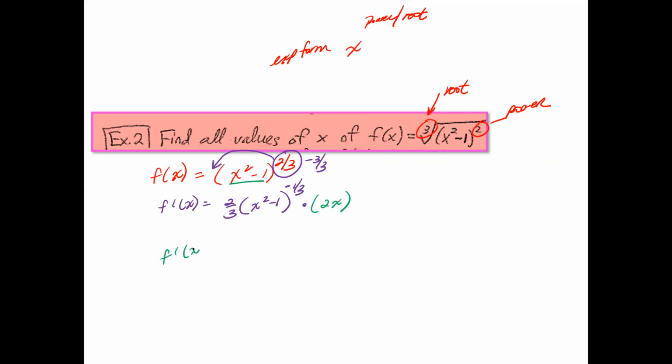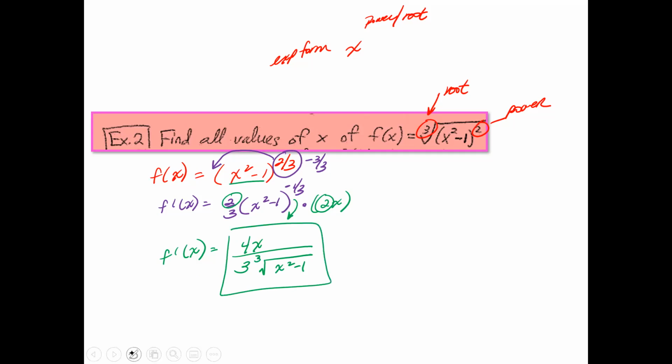If I rewrite this, I will have the 2 times the 2, which is 4x, with 3 on the bottom. Put the negative exponent down to the denominator, so you have a positive 1 over 3, and put this back into radical form. And that is your answer for f prime of x.